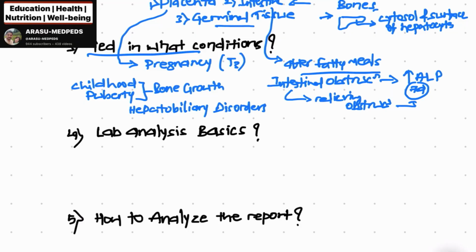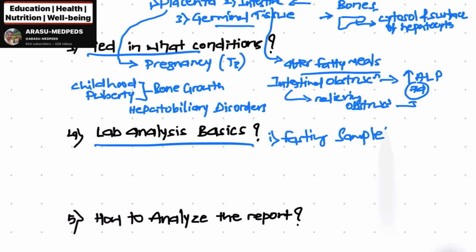The next aspect of today's topic is the lab analysis basics. That means what we should know before considering ALP levels. First thing is we have to prefer a fasting sample. Why is it so? Because after meals, we know that there will be a physiological rise in the ALP levels.